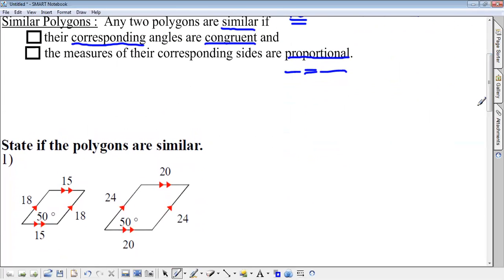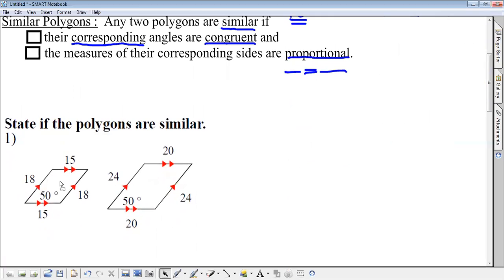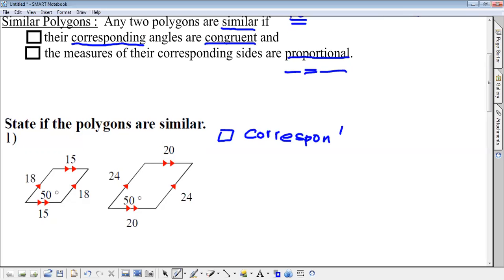And they ask to state if the polygons are similar. Okay, and for similar, there are two conditions. Condition number one is corresponding angles. That means in the same position. So corresponding angles, I'm gonna put these symbols of angles are congruent.